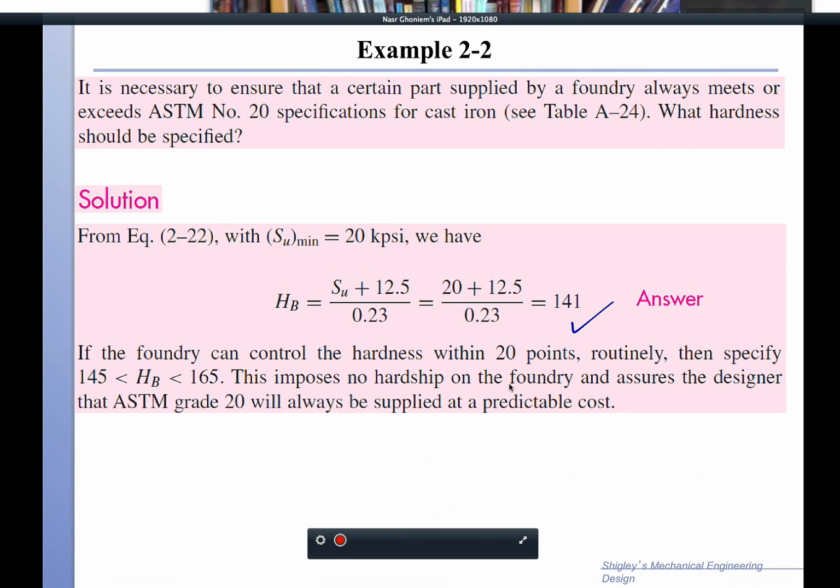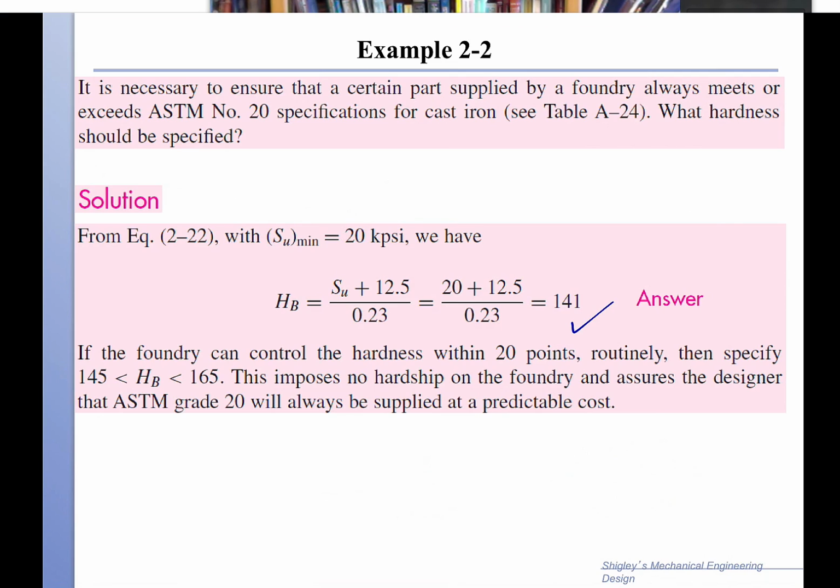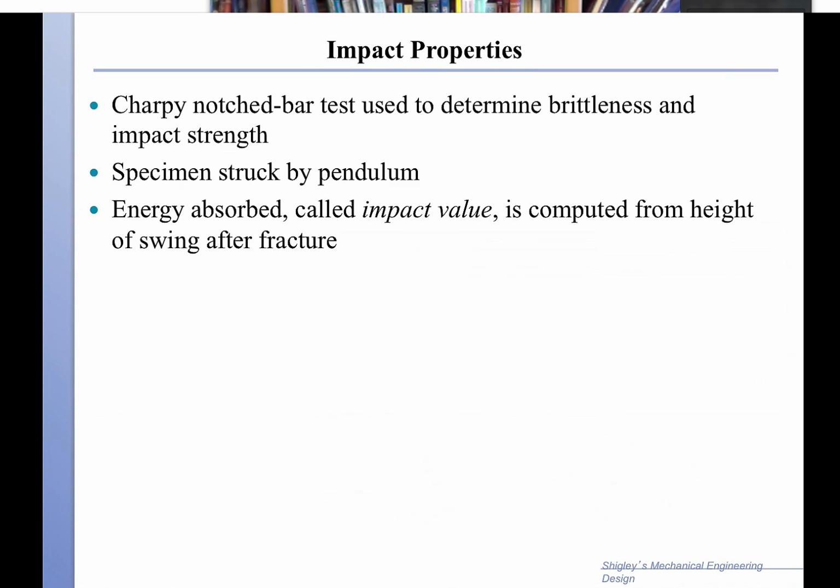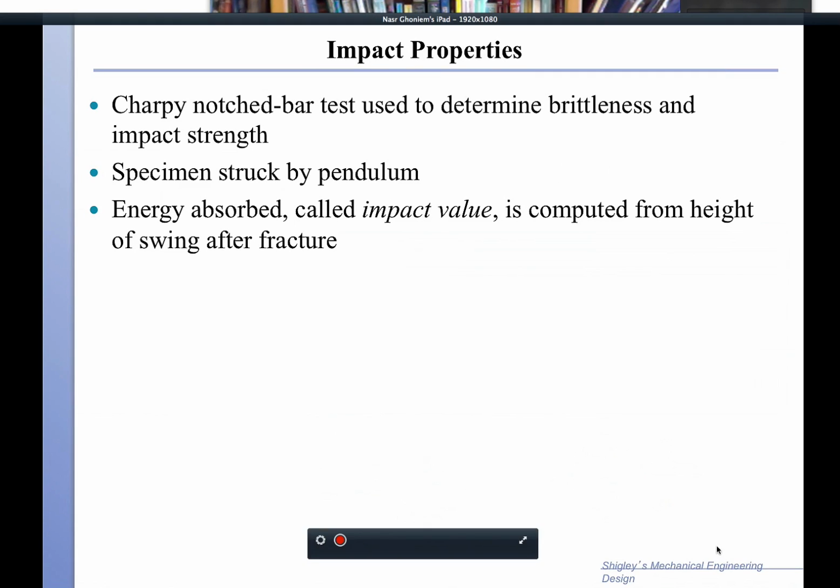So as an engineer, you can tell the foundry that every one of these rods has to be tested with a Brinell tester, and if you accept a spread of 20 points, it should have a Brinell hardness number between 145 and 165. So that's a good example that we will apply to hardness.